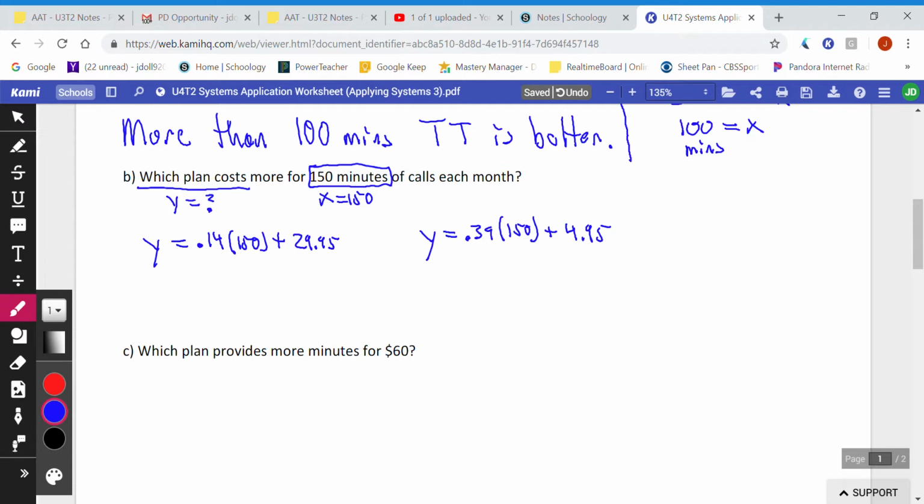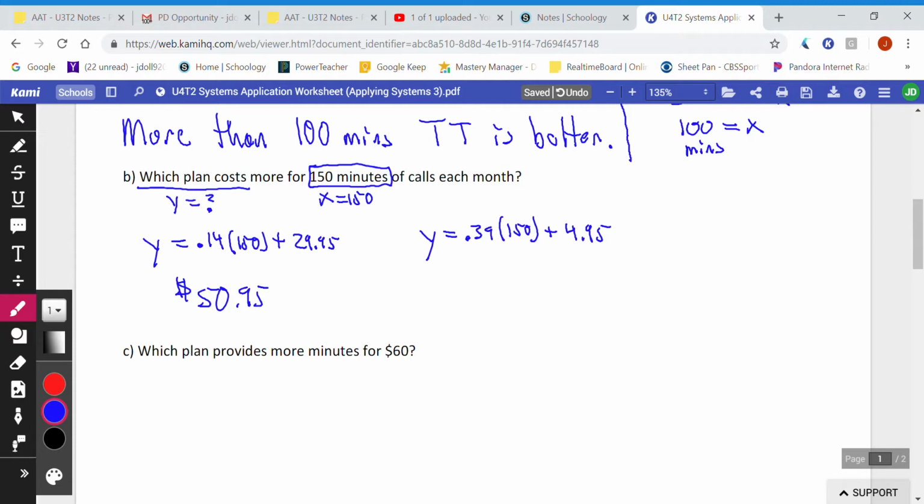0.14 times 150, sorry, I actually need to do the math, I don't know it off the top of my head, times 150 plus 29.95. Sorry, I hit some wrong buttons in my calculator, apologize for the delay. So I will get $50.95 for 150 minutes of calls with Terry's, right?